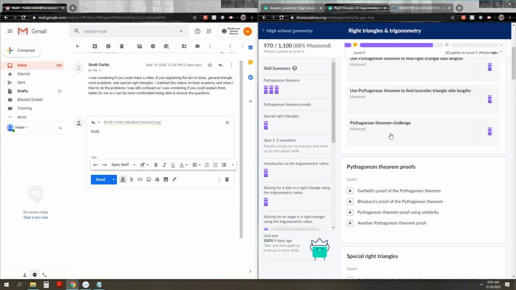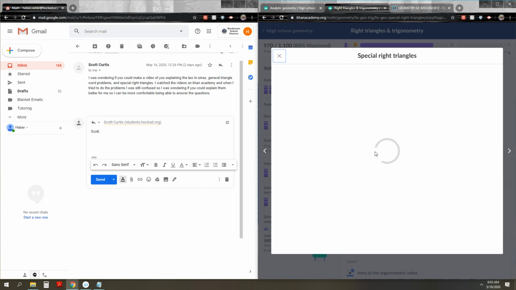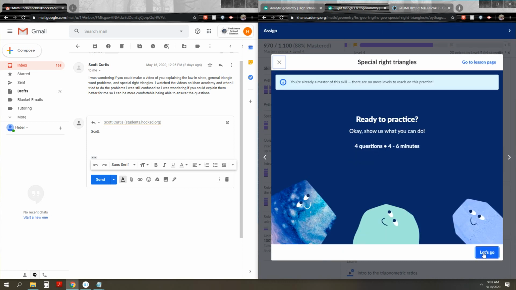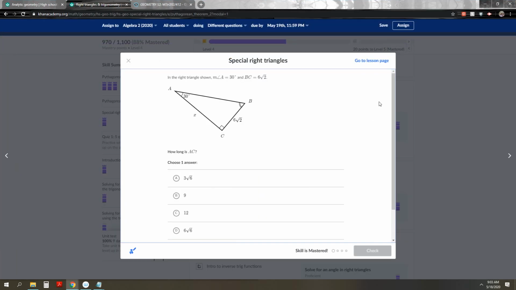Okay, so let's do special right triangles first, just because it's first. There are really only two special right triangles, and we did cover them in class.